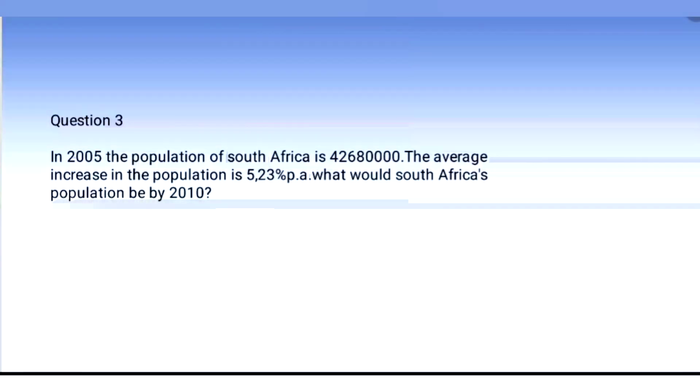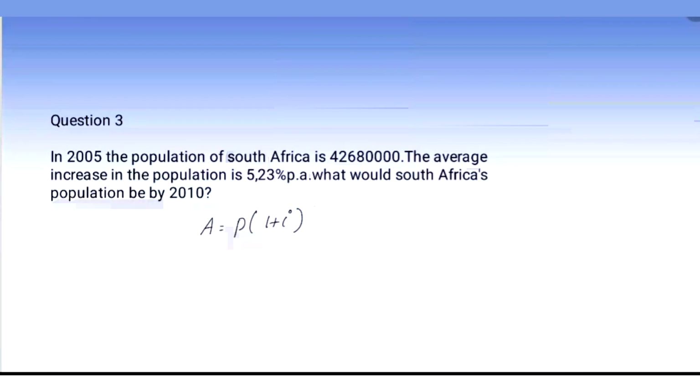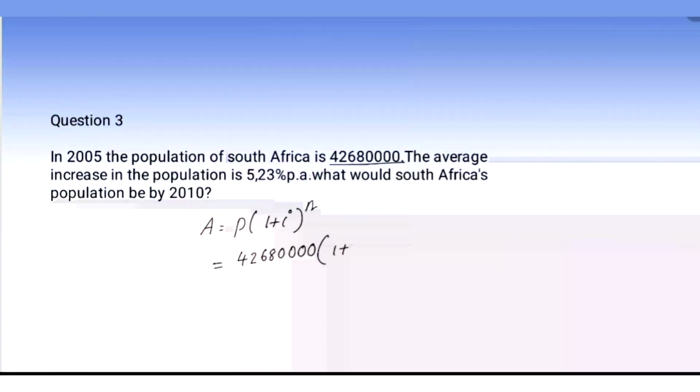You are calculating something in the future, so A is equal to, what is the formula? A is equal to P times (1 + i)^n. The initial value is this one, isn't it? That is 42,680,000. (1 + i), where i is 5.23 divided by 100, that is 0.0523.